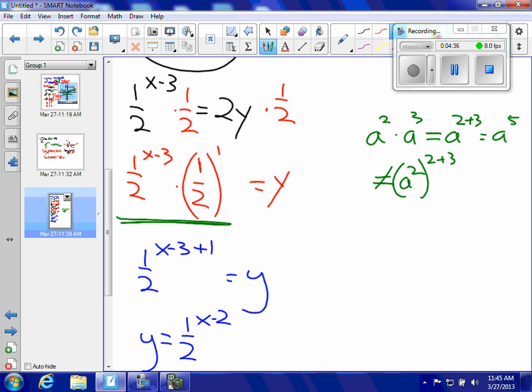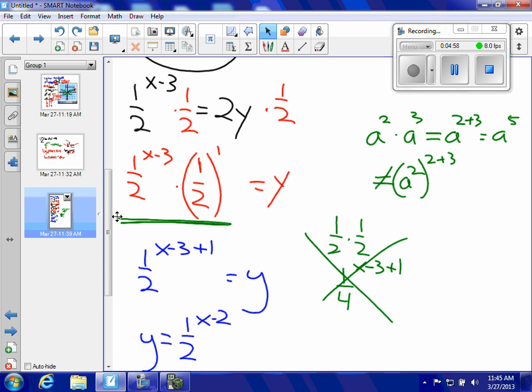I have the same base. So what a lot of people do with this kind of a problem is they say, oh, well, I have 1/2 times 1/2. So really what I have is 1/4 to the x minus 3 plus 1. This is not true. Don't make that mistake. Same base, all I need to do is add the exponents.